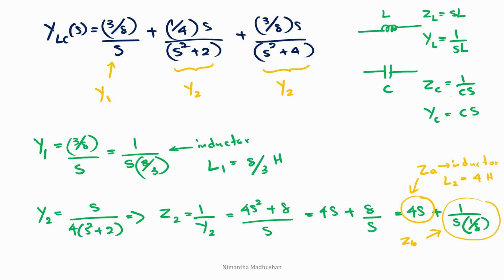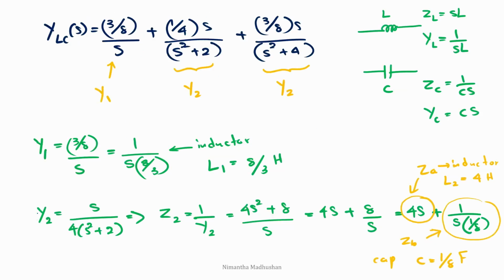It is similar to the impedance of a capacitor, and the capacitor value is 1 over 8 farad. The combination of the inductor and the capacitor is represented by Z2, and these two are combined with a plus mark. That means they are connected in series, inductor and capacitor. L2 is 4 Henry and I name it C2. It is equal to 1 over 8 farad. This is the representation of this Y2.